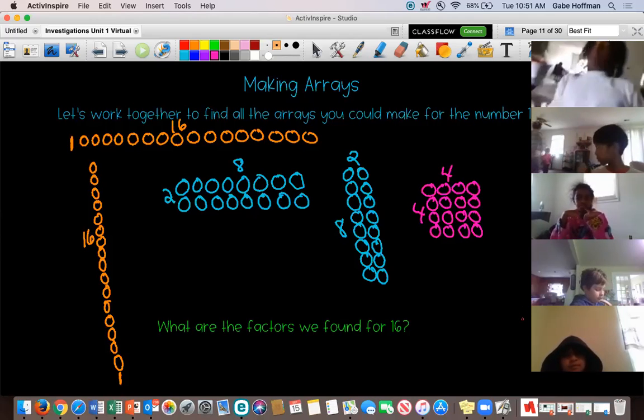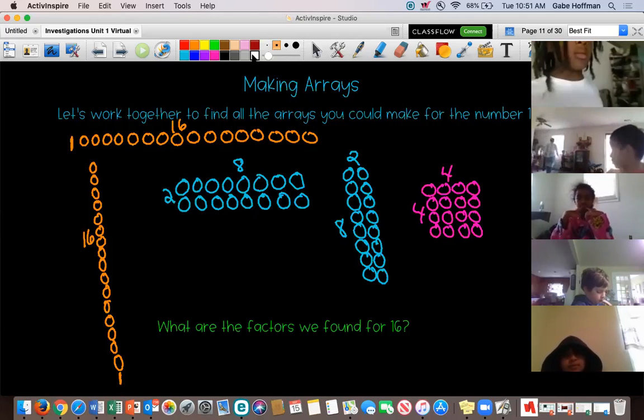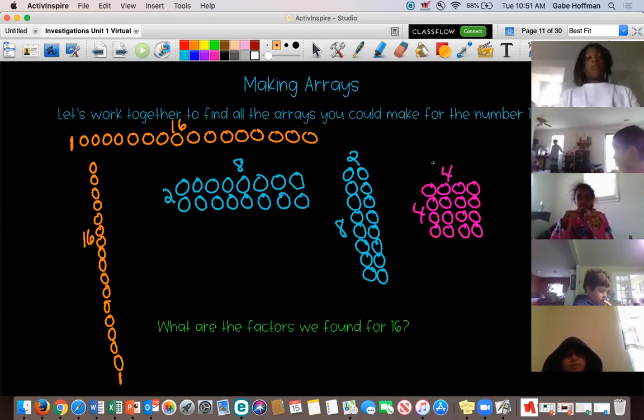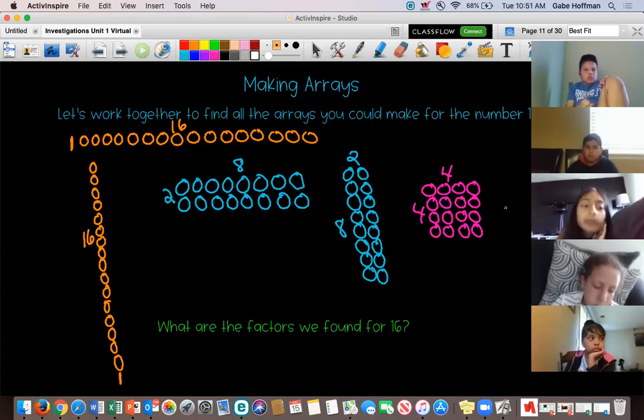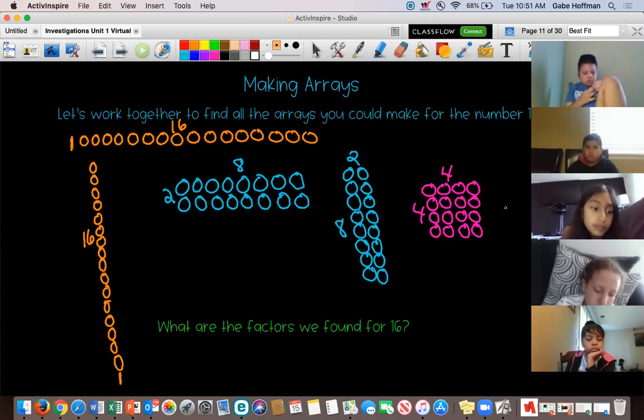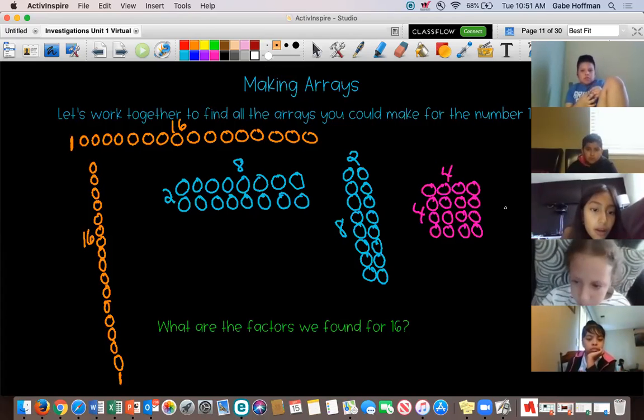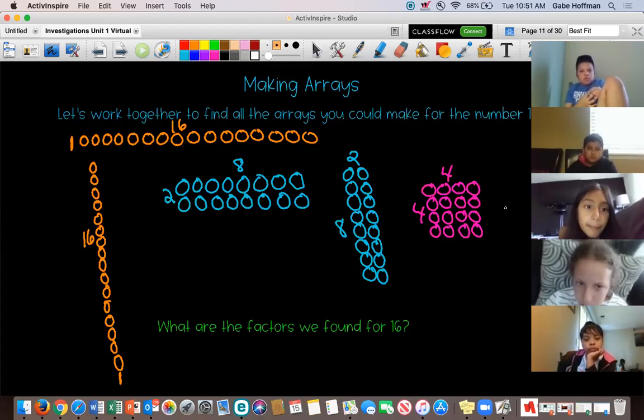So we're going to list our factors. What is the smallest factor we had for 16? I'm just going to call on some people. Denise, what is the smallest number we had that we could multiply to get to 16? 4. Smallest number up there. So I'm going to circle them.